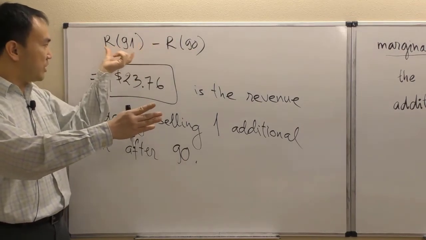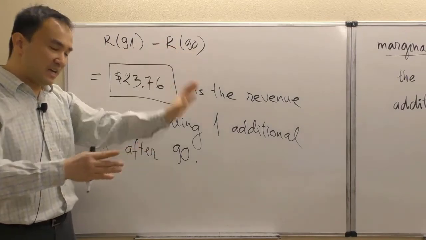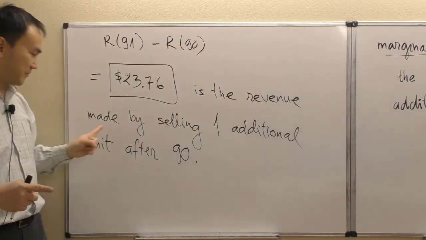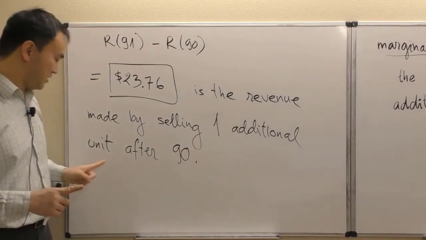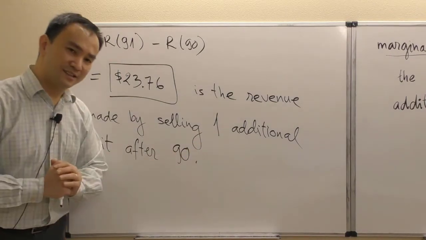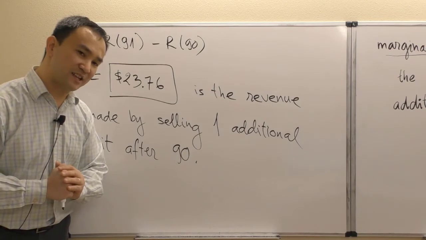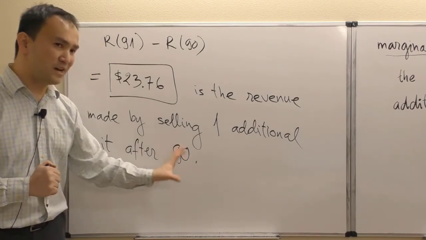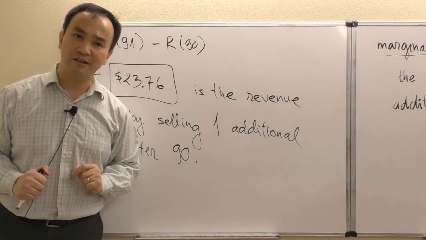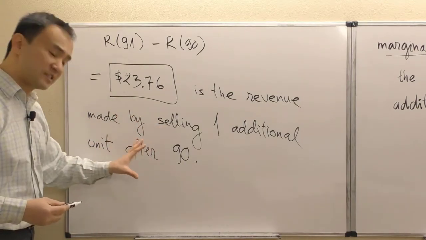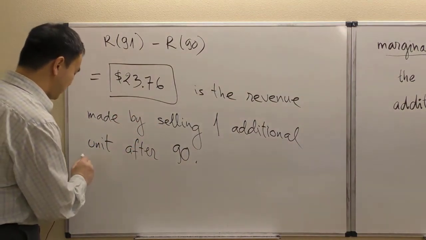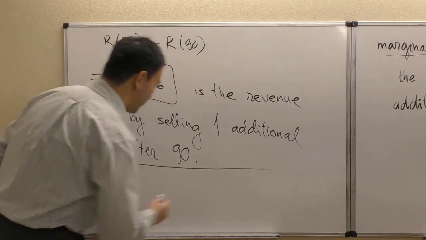The difference between R of 91 and R of 90 is the revenue that you made by selling one additional unit after 90. So connecting with the definition I just made, this is another way of understanding. This is now the best understanding of this.